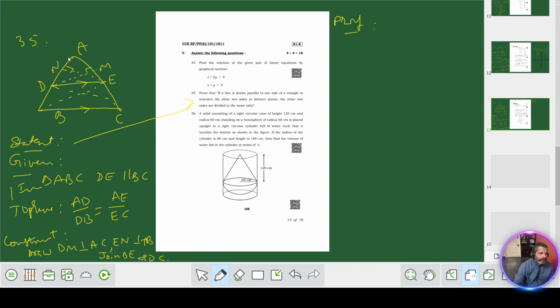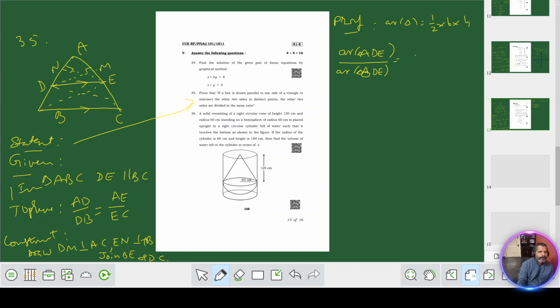We take ADE first, just follow this step. Area of triangle ADE by area of triangle BDE. First you write once: area of a triangle is equal to half into base into height.